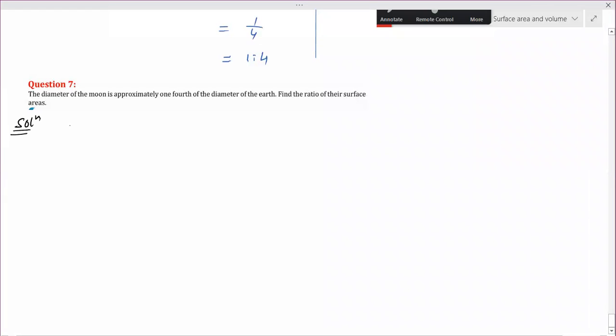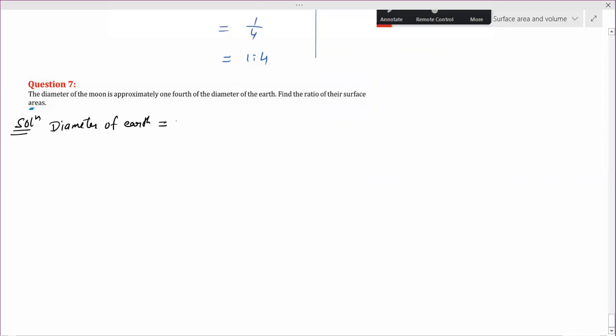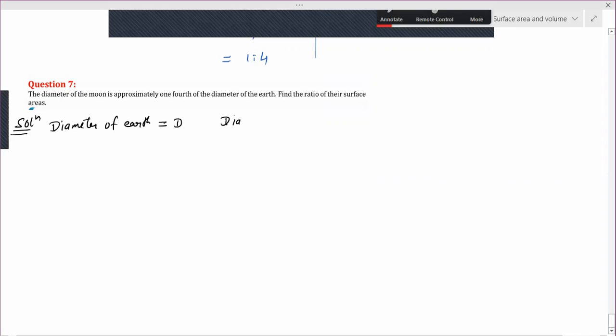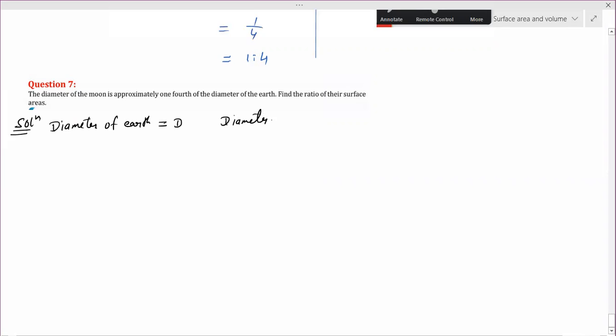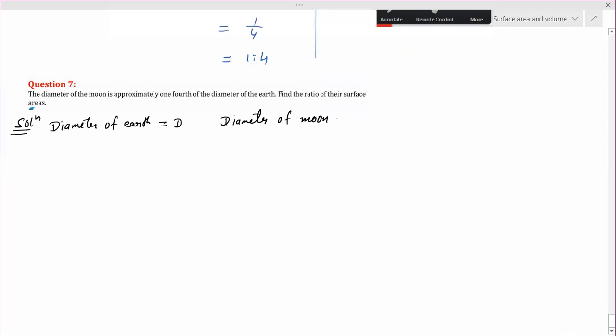So let's consider that the diameter of earth is capital D and the diameter of moon is small d.